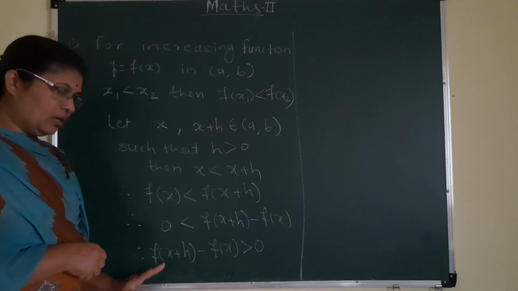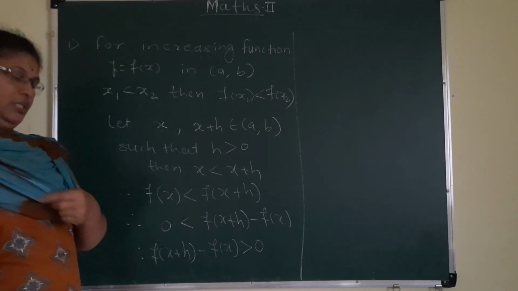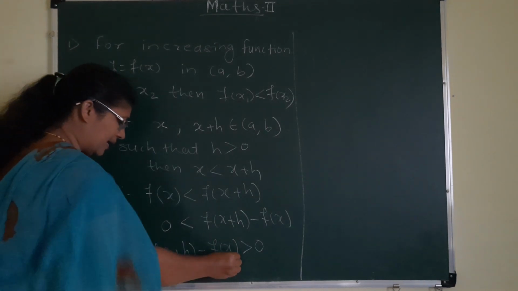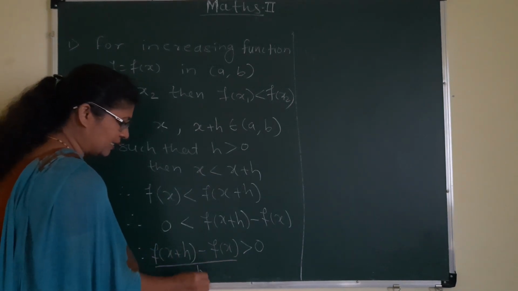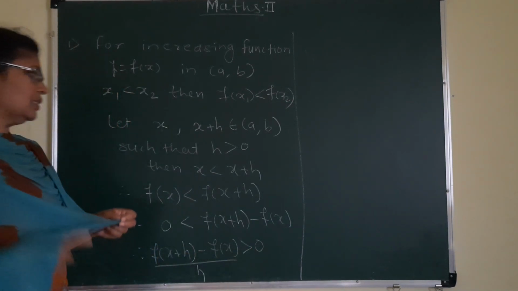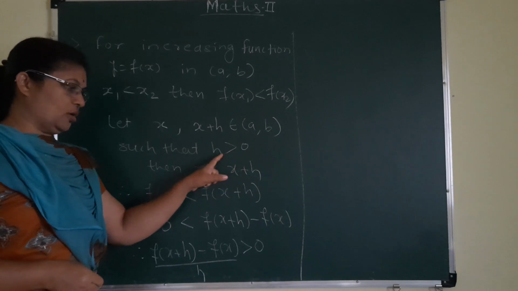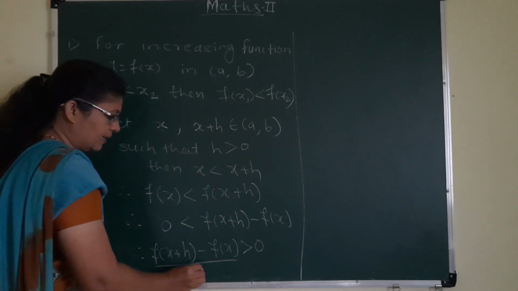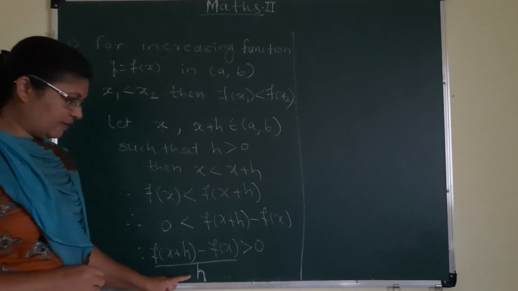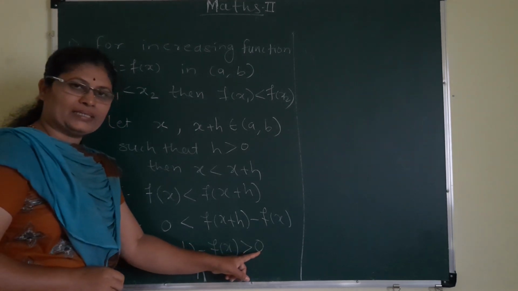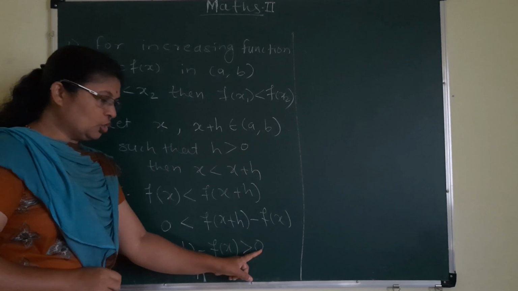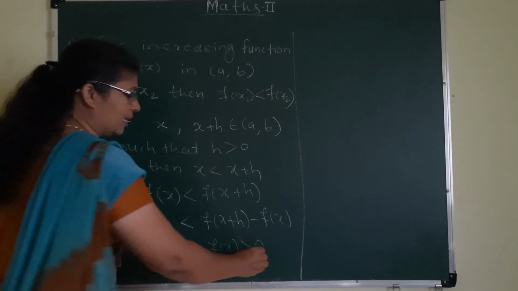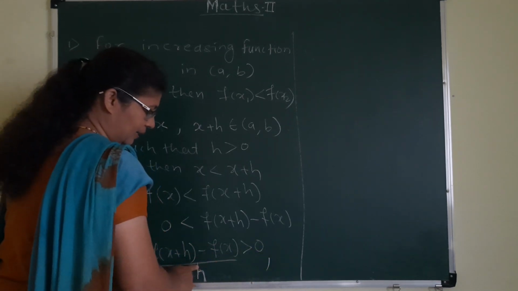Now I will divide by h on both sides. Since h is greater than 0, h is not equal to 0, so I can divide by h on both sides. On the right hand side of this inequality, 0 upon h will be 0 again, and this is there.